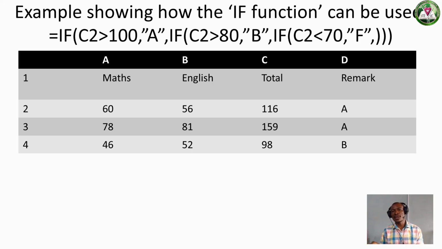You put another bracket, the next one will change, until all the statements are represented. So that's why at the end I have 3 brackets there for 100, 80, and 70. You now strike your enter key and the result will be displayed. So I hope you are trying that now.